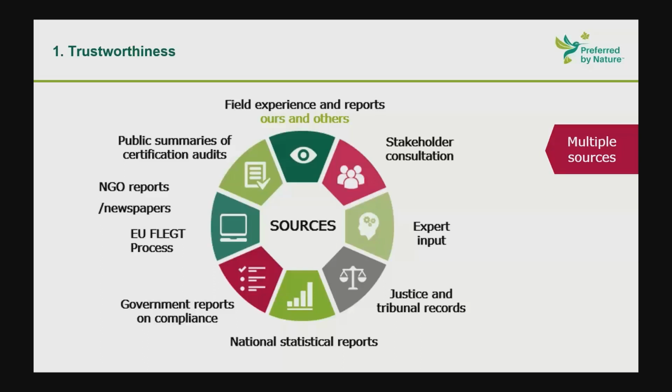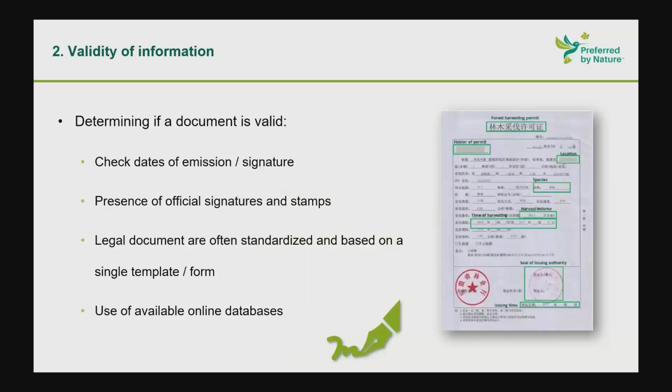So any source of information can be used to increase your level of trust in the information you have on your supply chain. So that's the first important thing, to have trust in the information that you have on your hands. Now, it is also very important to verify the validity of the information that you are provided with.